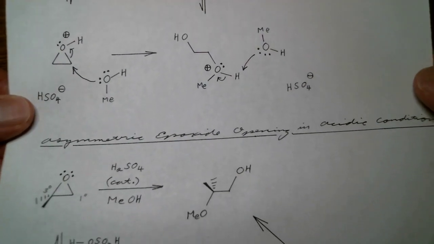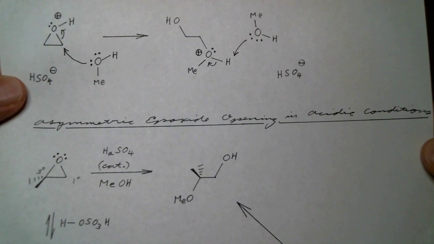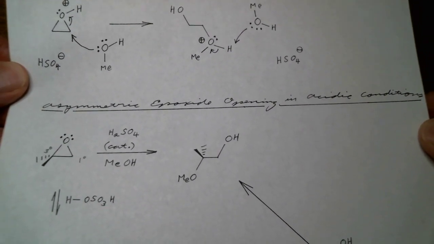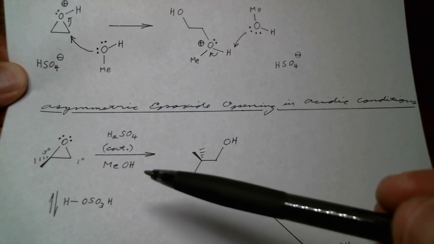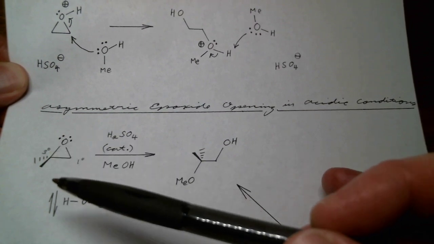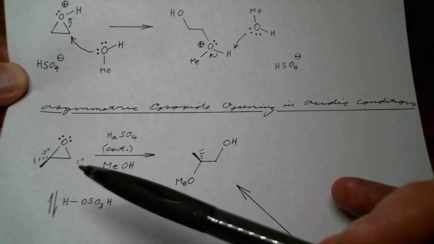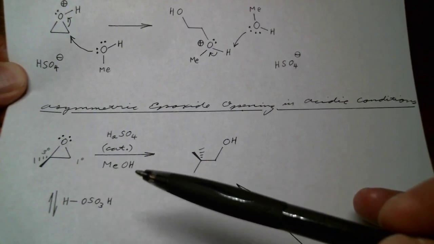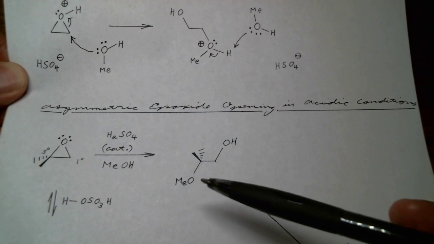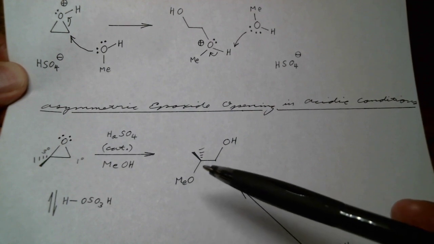In terms of asymmetric epoxide openings under acidic conditions, it kind of goes opposite what one might expect. We have our epoxide. Here we've got a tertiary carbon. Here's a primary carbon. We protonate it, and our methoxy group goes to the more sterically hindered carbon.